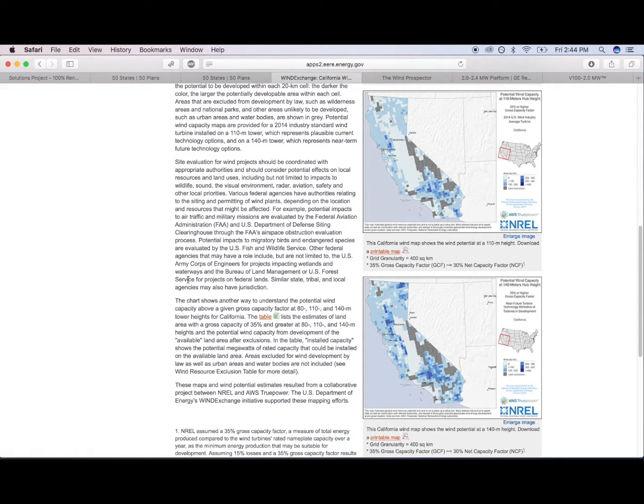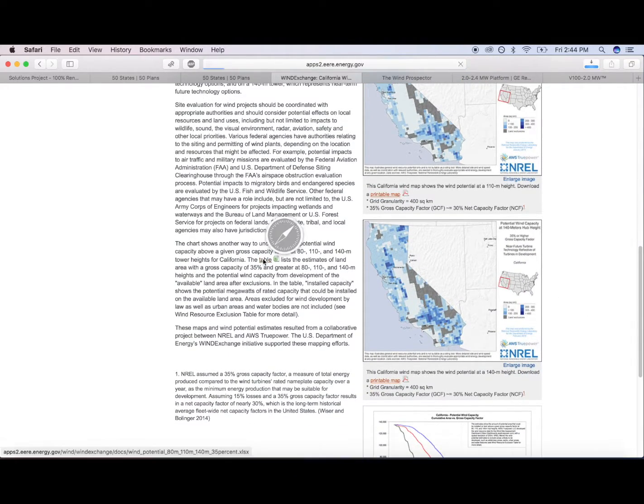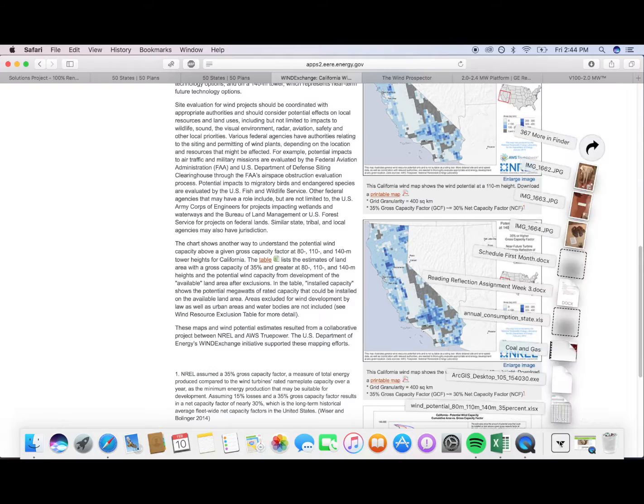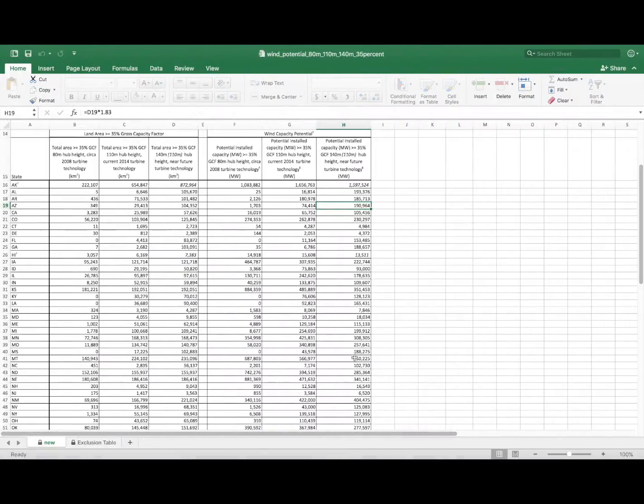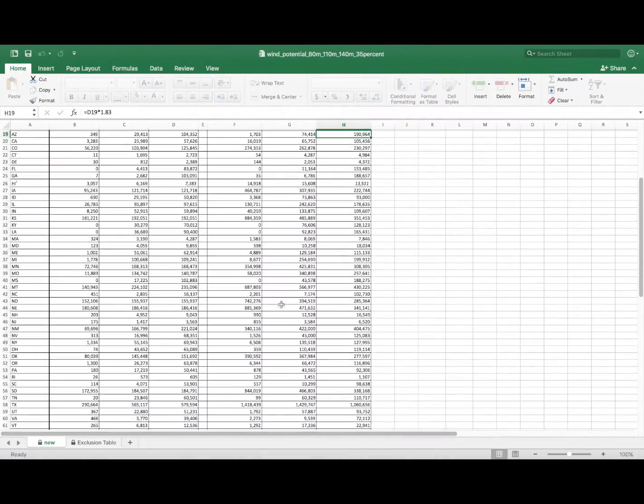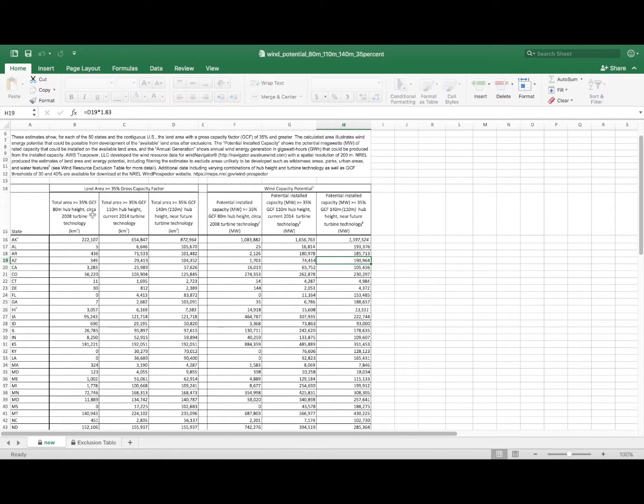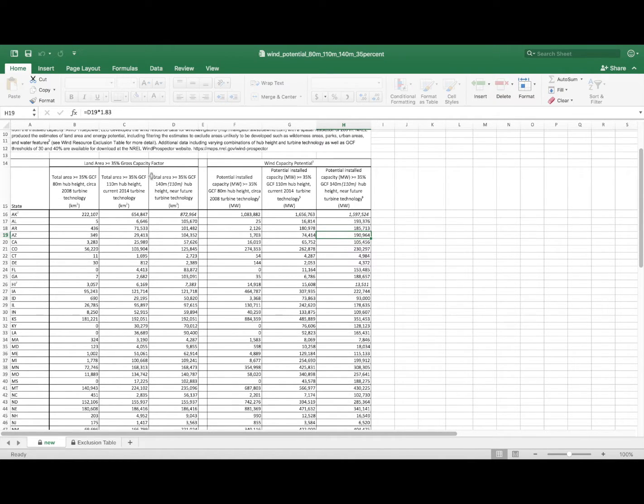You can also access this Excel table that will, I think we talked about this in class, tell you about the total area in your state, total kilometers, that are at a 35% capacity factor.